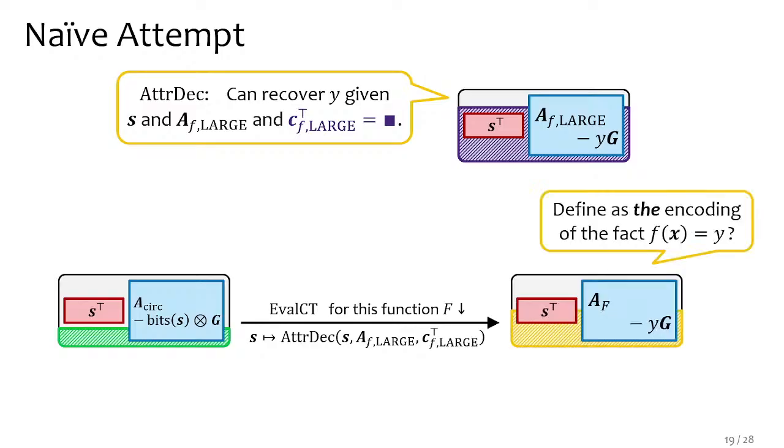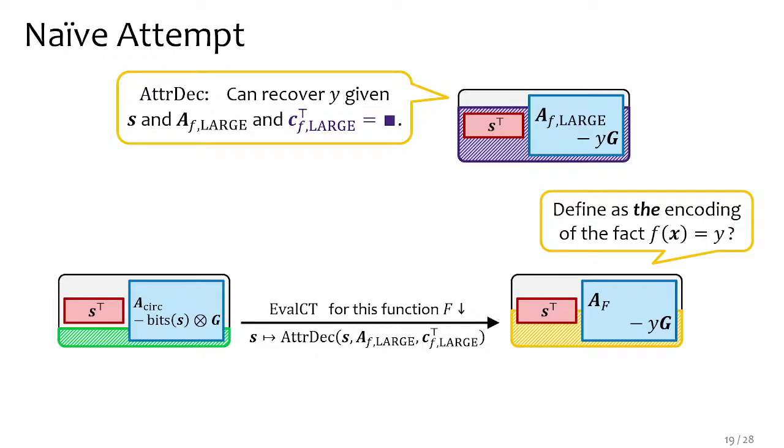Therefore, you get an encoding with a moderate level of noise, encoding y, except it's a different matrix, AF. So the idea is, I can define this as the encoding of the fact f(x) is equal to y, and just try to do the evaluation from there on.